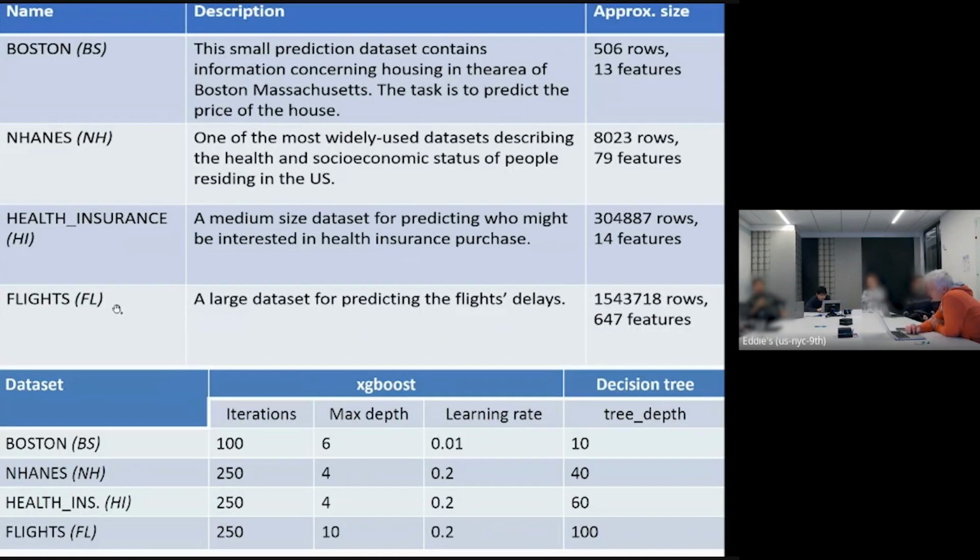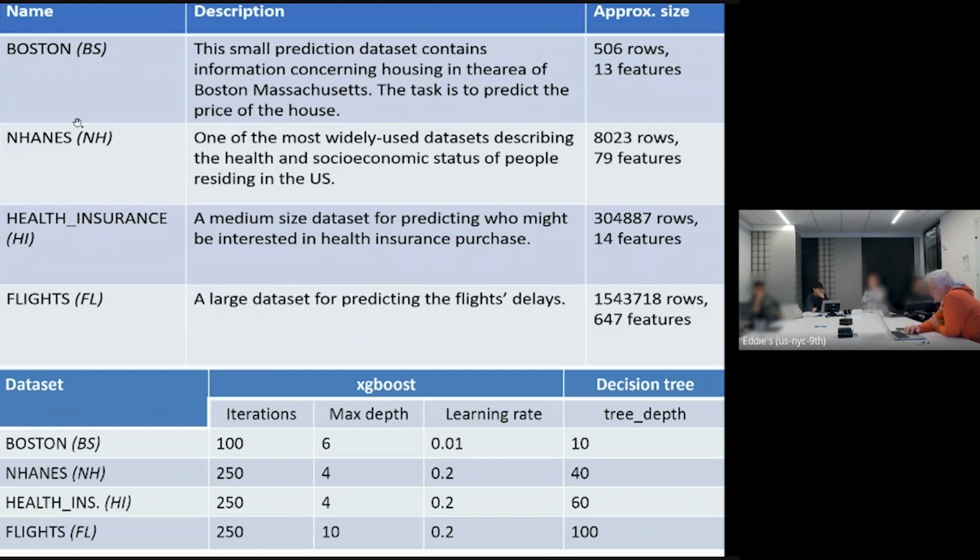And we looked at 4 datasets, which differ by complexity and the number of rows, features, and so on. Boston, you've probably seen many times. This is prediction of the price of houses in Boston, Massachusetts. It's a very small dataset.